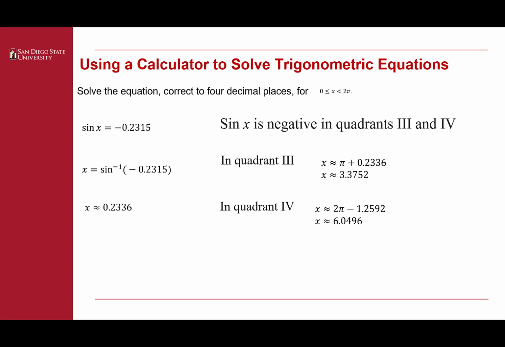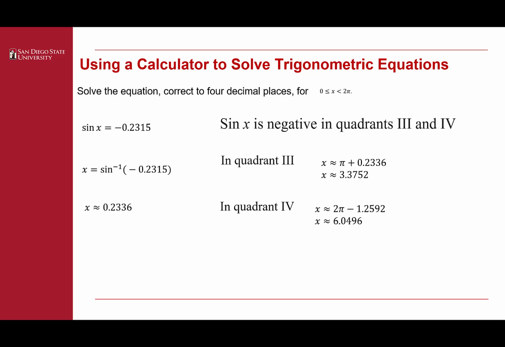We will get x equals to roughly 0.2336. In quadrant 3, we should add pi to find the value of x in quadrant 3. So x would be 3.3752.